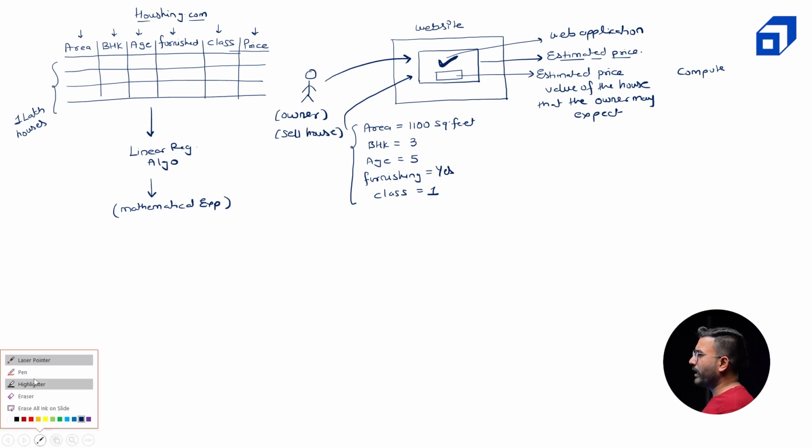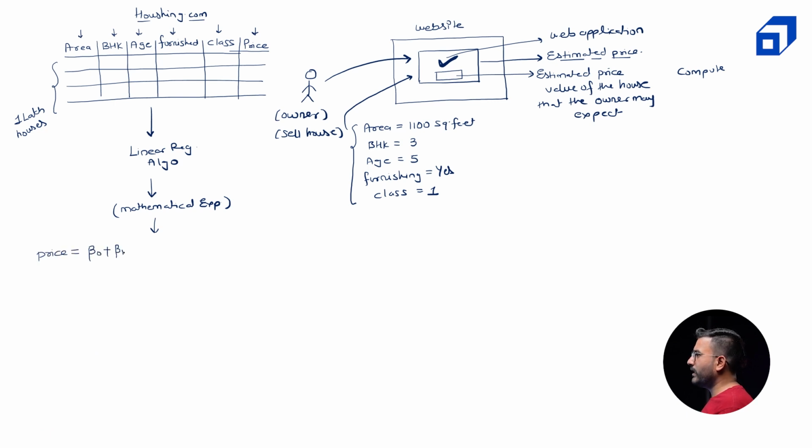So let's say I obtained this equation, where price is equal to beta naught plus beta 1 times area plus beta 2 times BHK plus beta 3 times age plus beta 4 times furnished plus beta 5 times class.